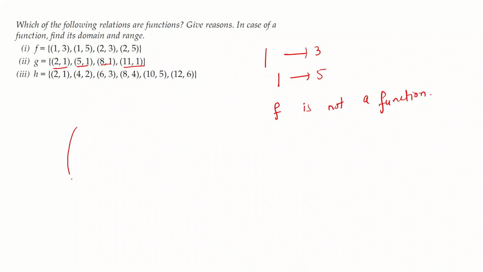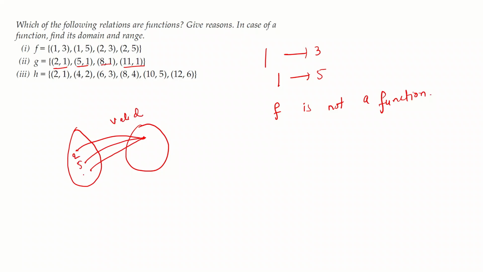So something like this is valid. Many points going to one point is valid. Just like here is the case, 2, 5, 8, all of these are going to 1, even 11 as well. So this is valid, many points going to one point.